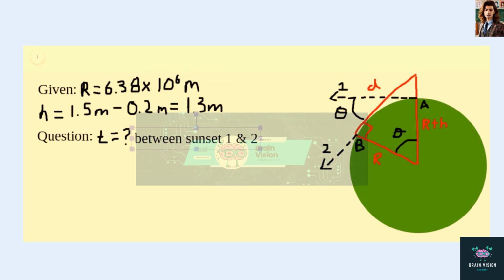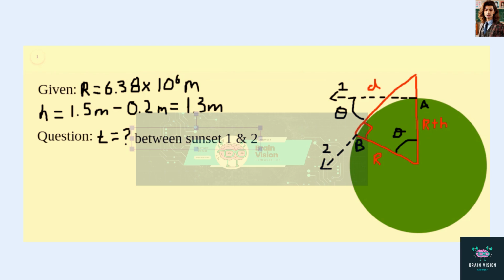You can then draw a line between the eyes of the individual who is standing to the point at which the sun appears to be setting, point B. And I also denoted point A as the point at which the sun appears to be setting the first time. The dotted line denoted as 1 is the direction of the first sunset, and the dotted line denoted as 2 is the direction of the second sunset.